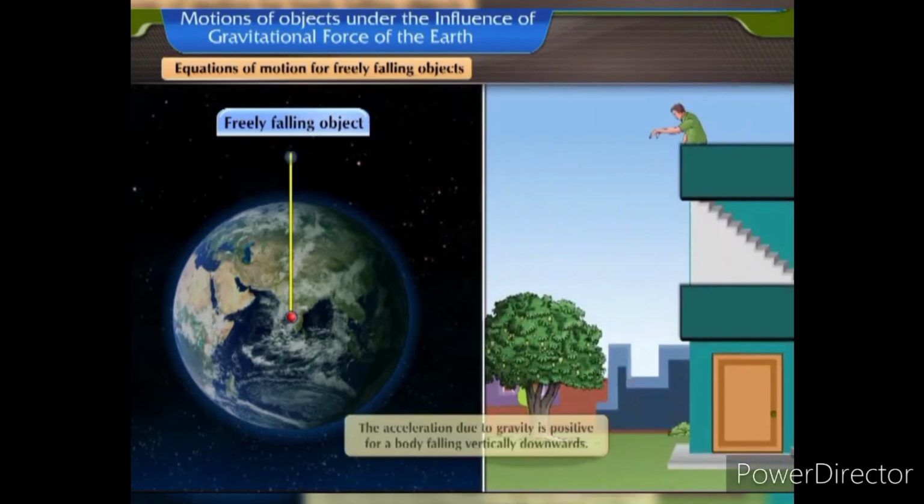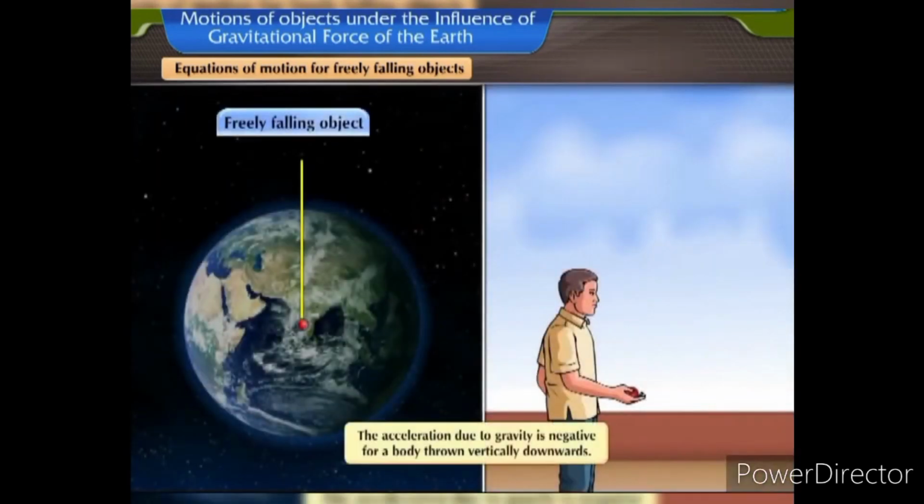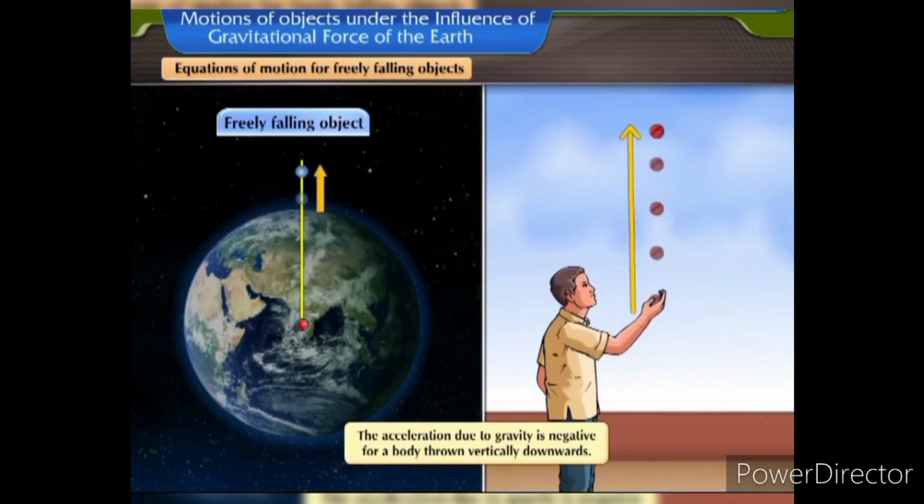Note that the acceleration due to gravity is positive for a body falling vertically downwards. That is, g is equal to plus 9.8 meters per second square, whereas the acceleration due to gravity is negative for a body thrown vertically upwards.